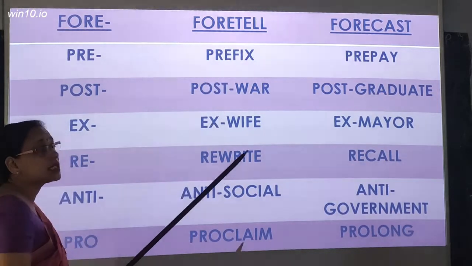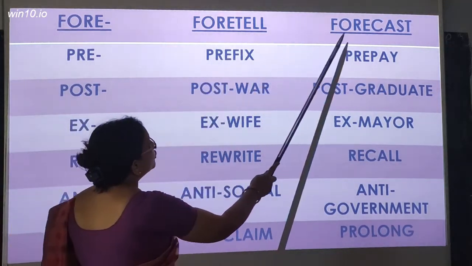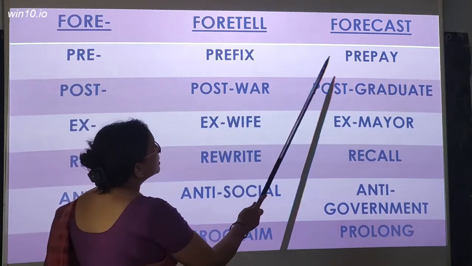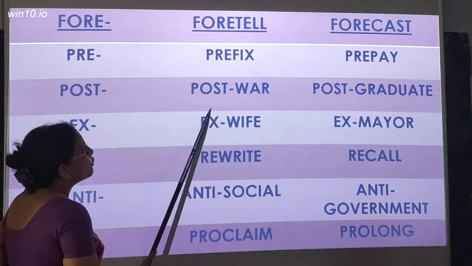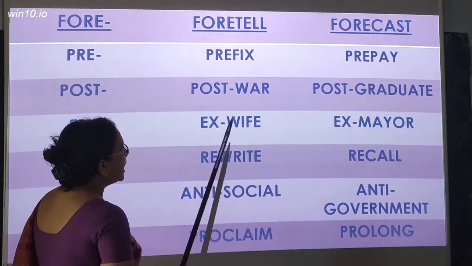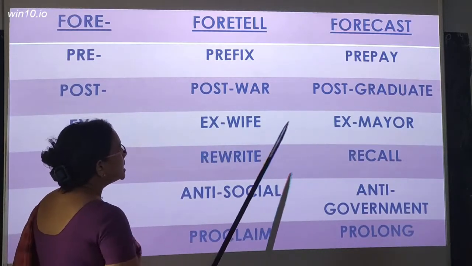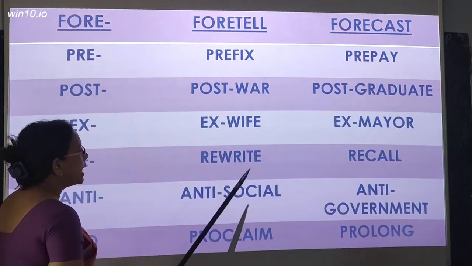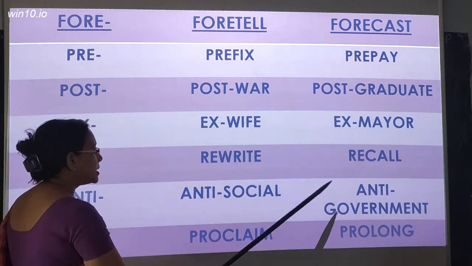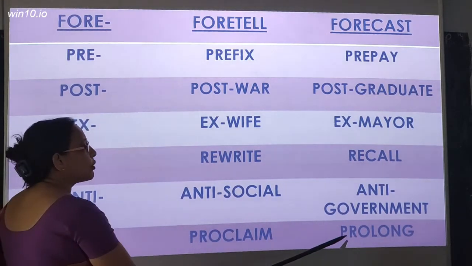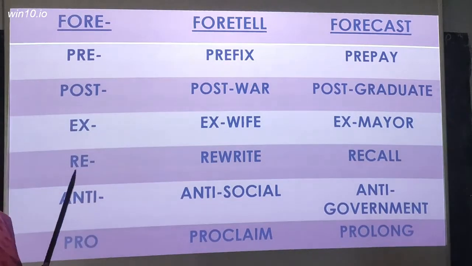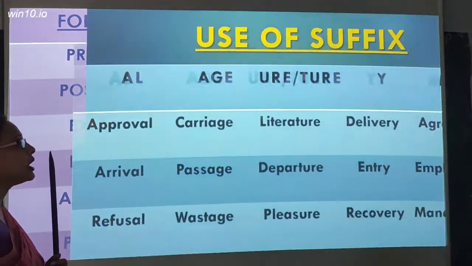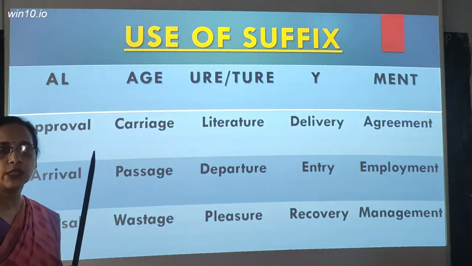And the new word before us is foretell. Foretell, forecast. Prepaid. Post-war, postgraduate. Ex-wife, ex-mayor. Rewrite, recall. Anti-social, anti-government. Proclaim, pro-government. So these are some prefixes before us to make new words.